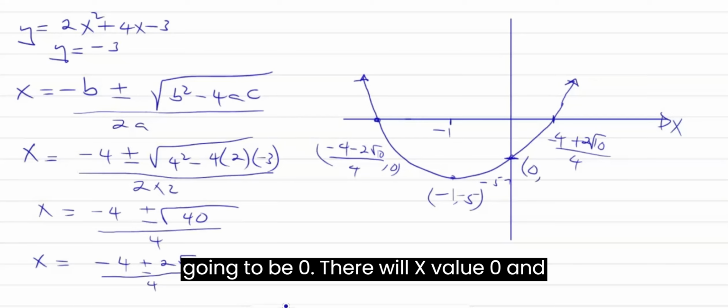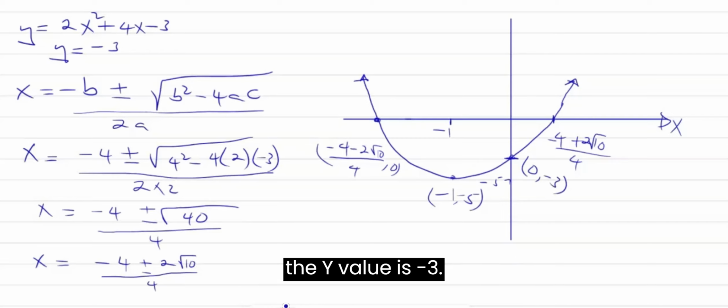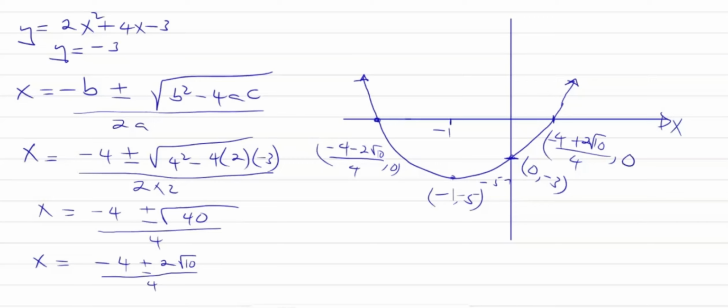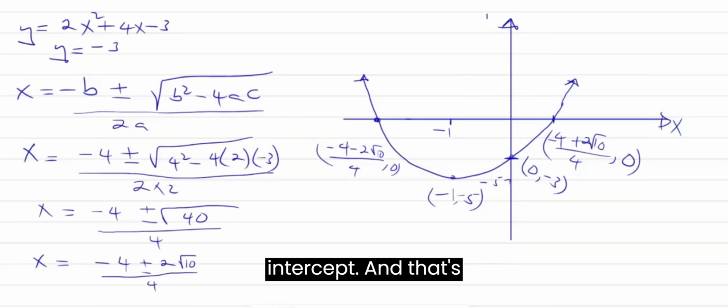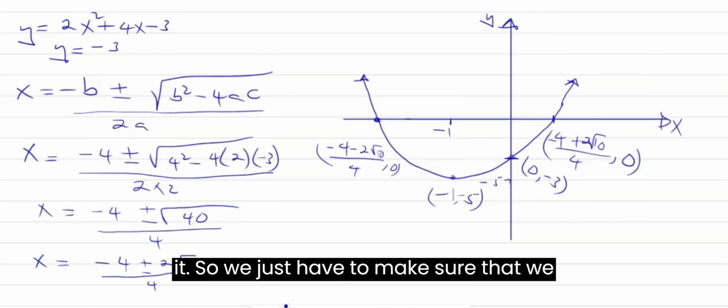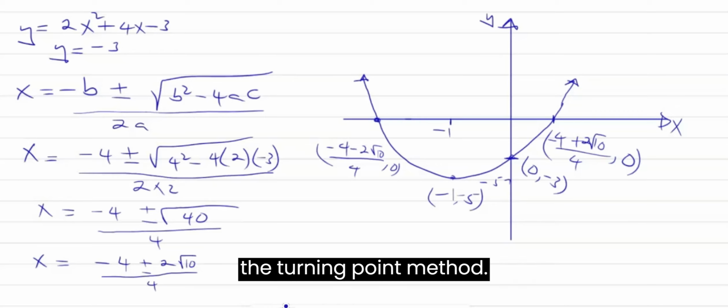The x value is 0 and the y value is -3, and in this case my y value is 0 at the x-intercept. And that's it. So we just have to make sure that we label everything that's required of us, the x-intercept, the y-intercept, and the turning point.